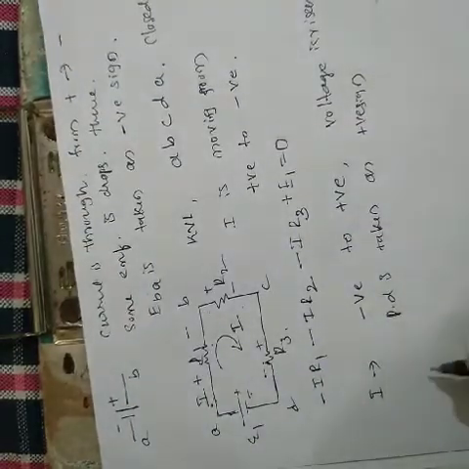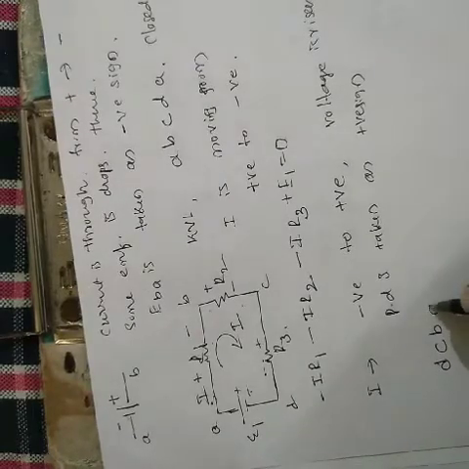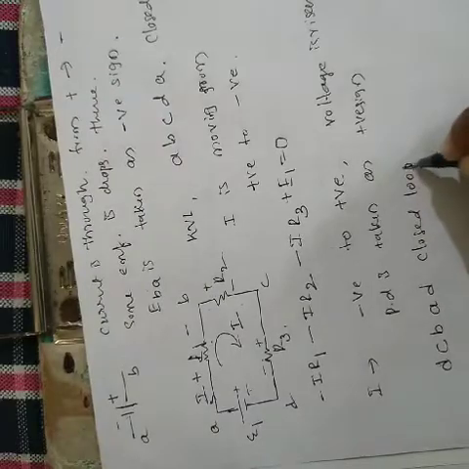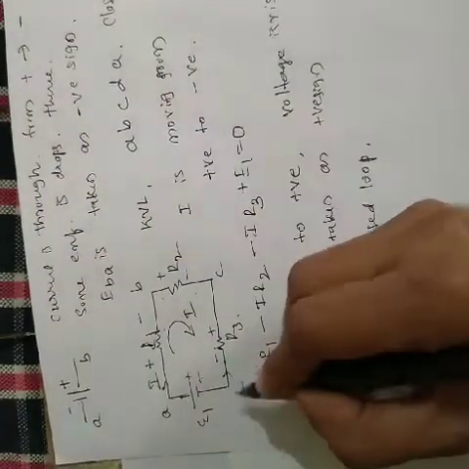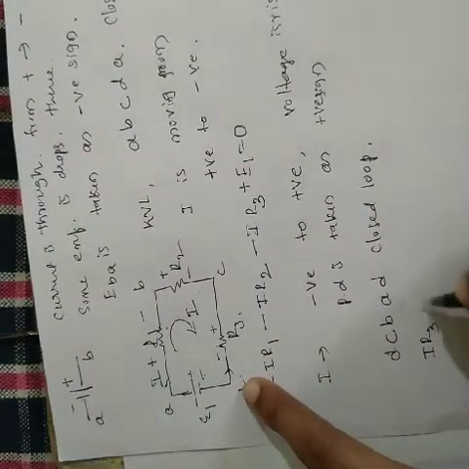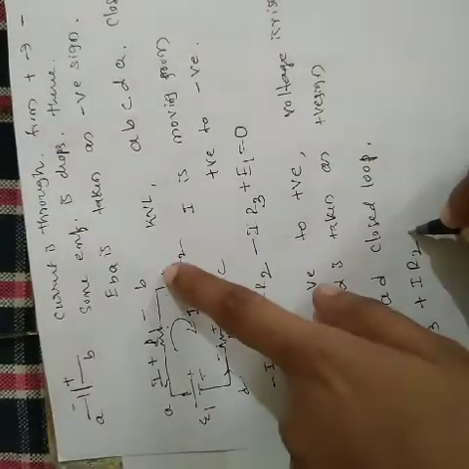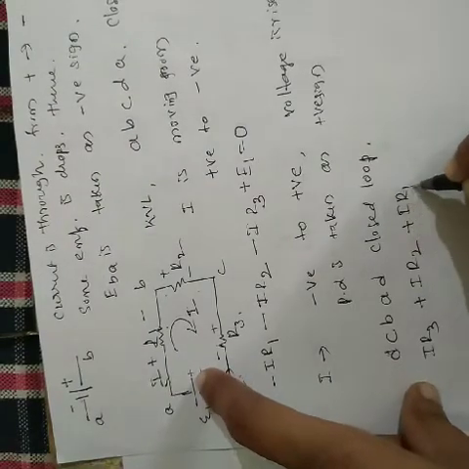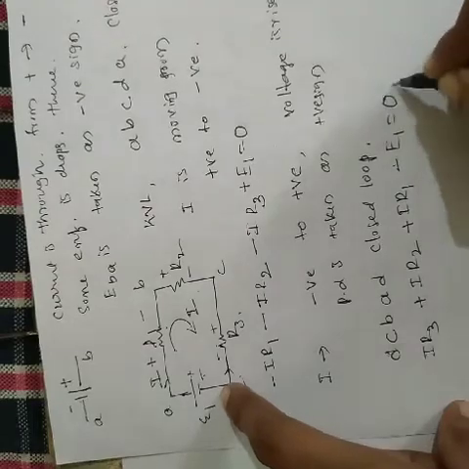Okay, consider DCBA as one closed loop. Then write the KVL equation like this. Coming to this, it is plus I into R3 plus I into R2 plus I into R1 minus E1 equal to 0.